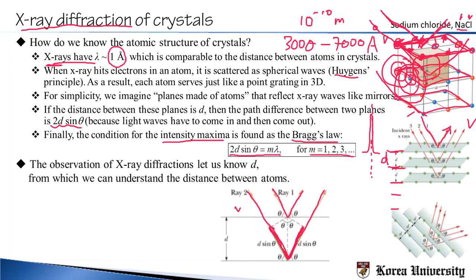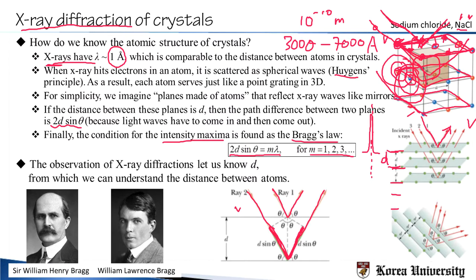These two persons, William Henry Bragg and William Lawrence Bragg, a father and son team, discovered this method and got the Nobel Prize. When you actually do this experiment, you not only have to do it once, but you can perform similar measurements along different orientations.